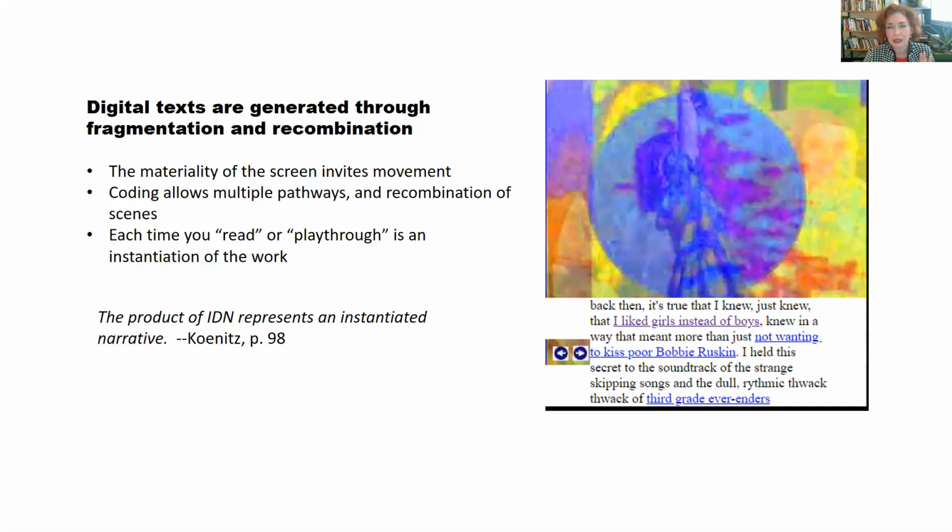This example is a good example, not just of fragmentation, but also of navigation. Even though the narrative is quite fragmented, as you click on each of the hypertext links, it's almost like an idea is exploded into greater detail. But at the same time, at certain points in the work, she has these arrows.